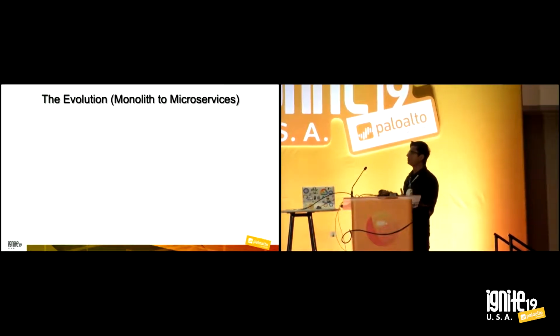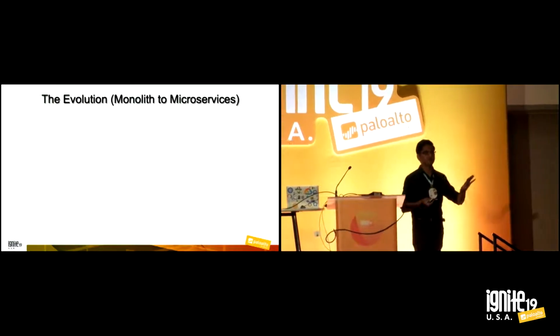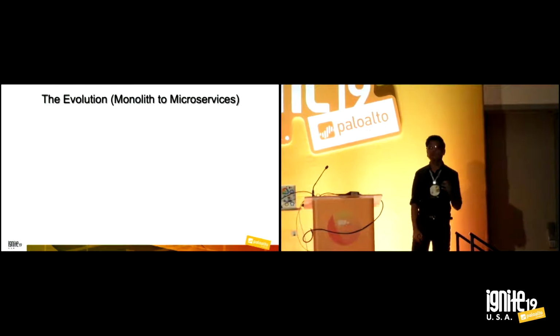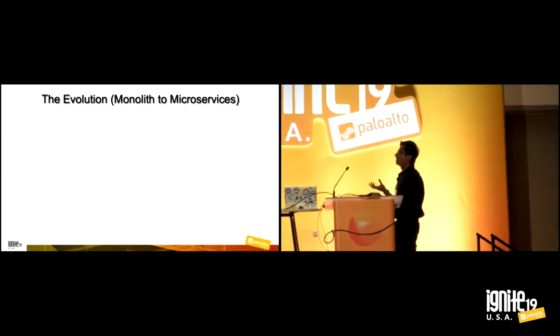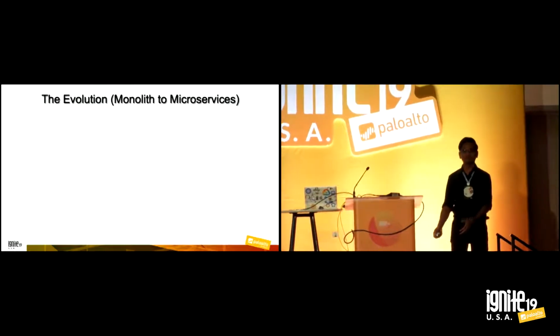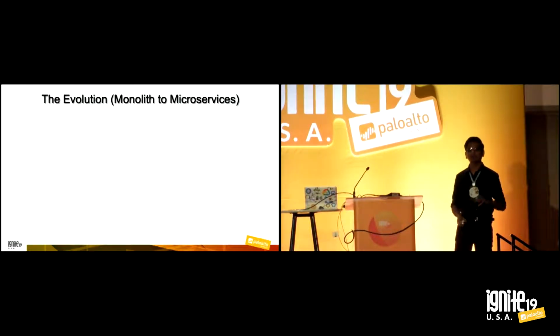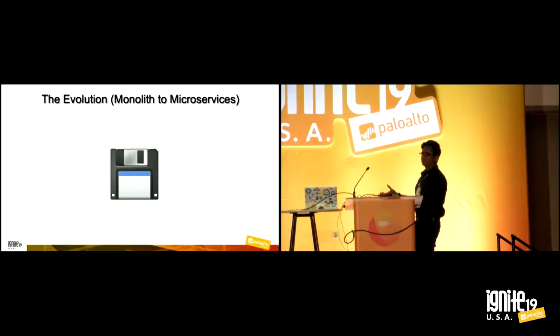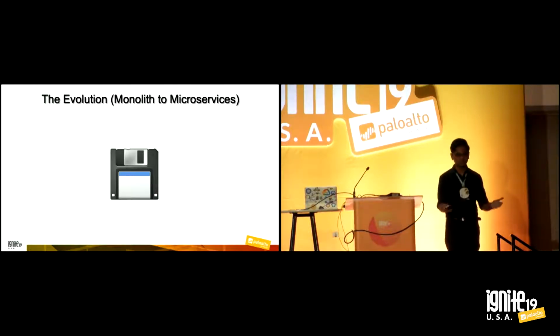So how did this evolve? Containers are just one technology that enables microservices. I'll try to explain how things evolved from monolith architecture to microservices. That's the architectural pattern; containers just enable it. This floppy disk emoji stands for your software.